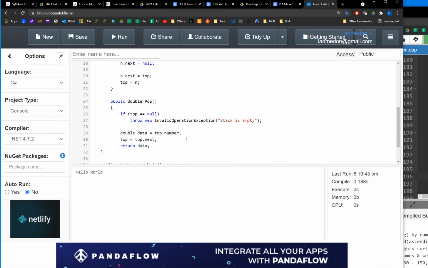In C++, again, in a lot of code submissions, there have been plenty of memory leaks. In a memory managed language like C# or Java, I don't actually have to do the delete. Don't have to worry about memory leaks. Anyways, here we have our link-based stack.